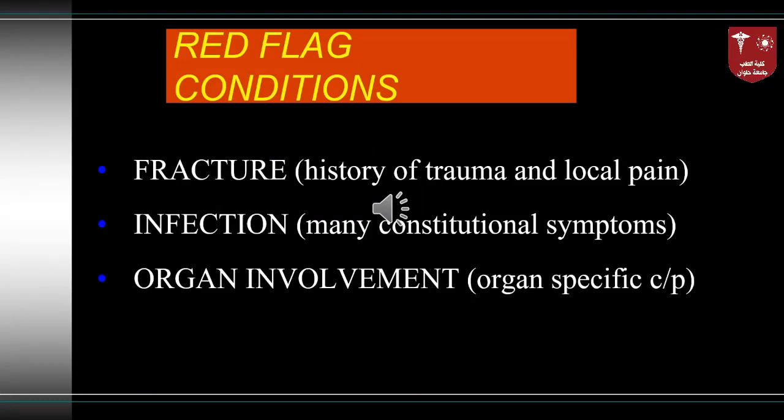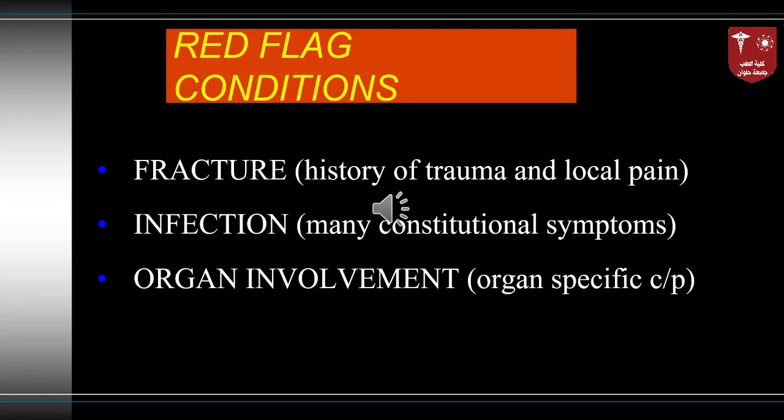So how to exclude the red flag conditions that need immediate intervention? First, we have to exclude fracture by asking the patient about history of trauma and presence of local pain.